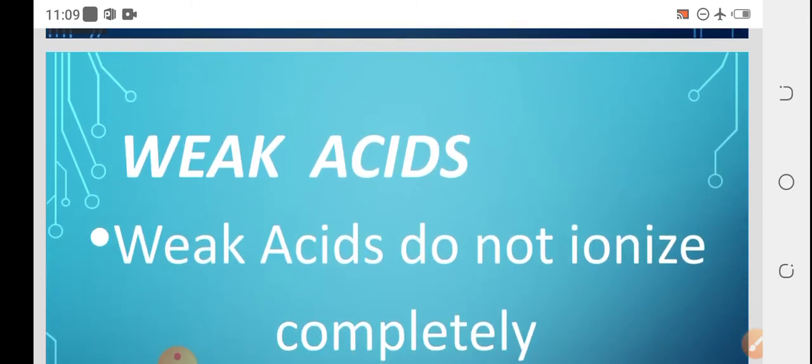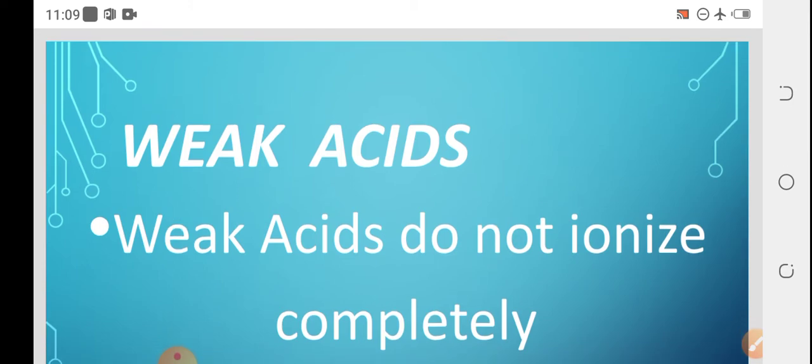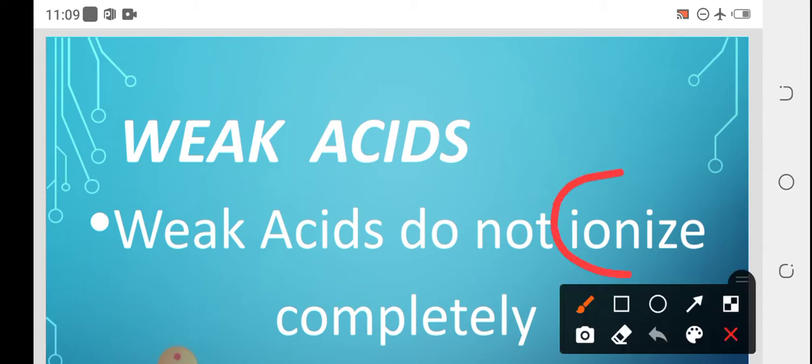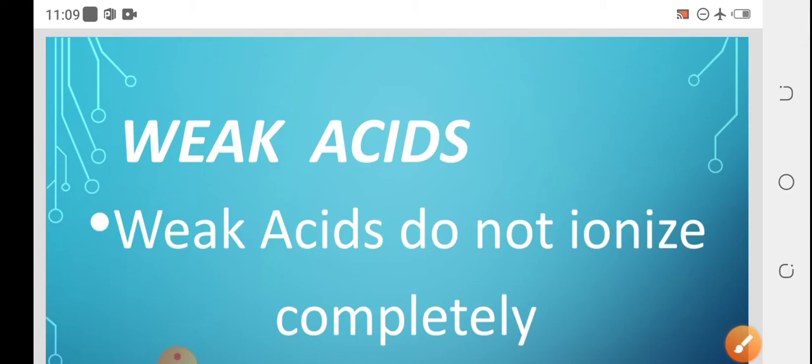We also have some summary about what is a weak acid and a weak base. Acids and bases can be weak or strong, characterized on the basis of ionization. On the basis of the ionization property, we classify acidic materials and basic materials.